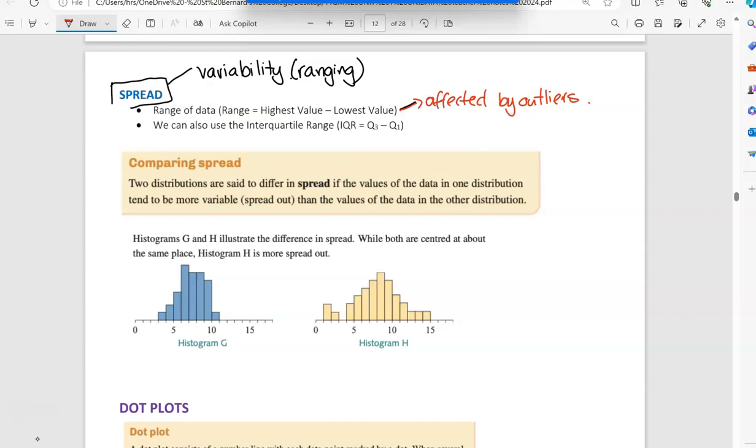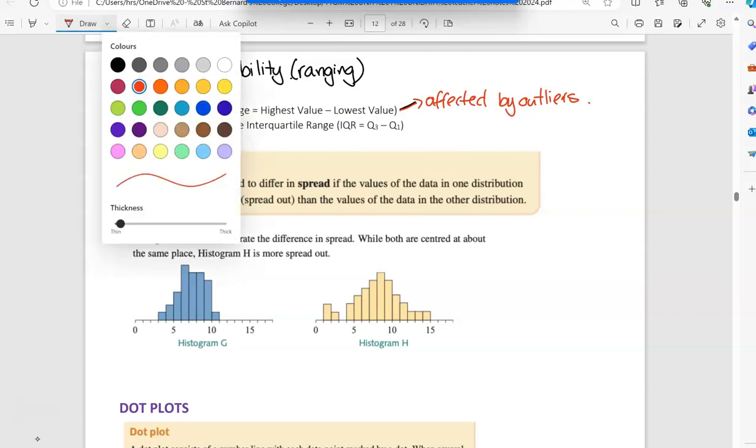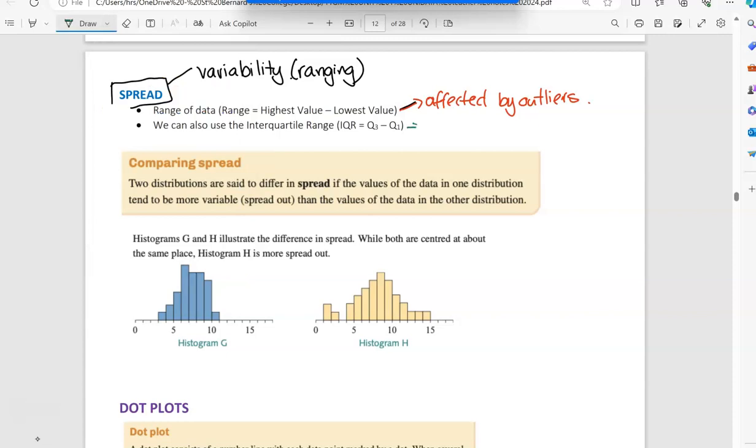But really, most of you are all hanging around the same weight. So that's where the interquartile range comes in. This one is a resistant statistic as well, so not affected by outliers, because it tells you the middle 50%.